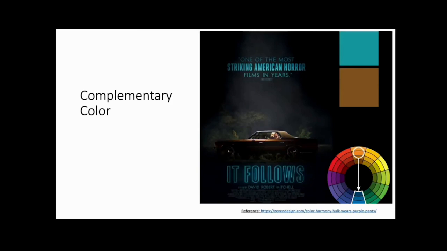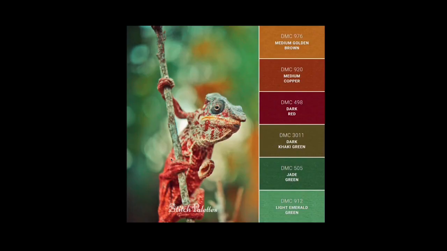So even though the car has got that brown color and the type has that blue color, it works because they're not competing with each other, and they're not right next to each other. You have a little bit of black that's breaking it up, so it actually makes it really pleasing to your eye.